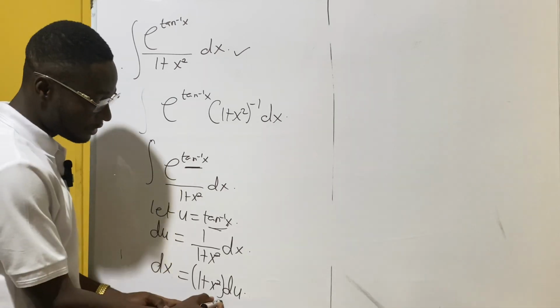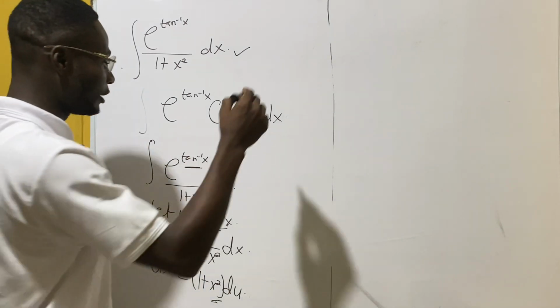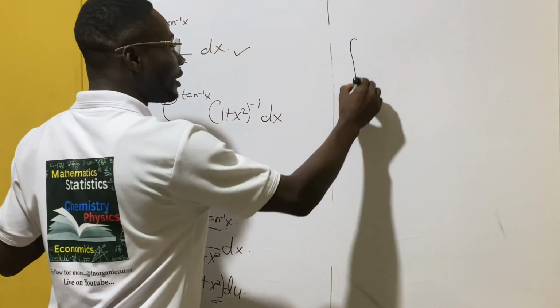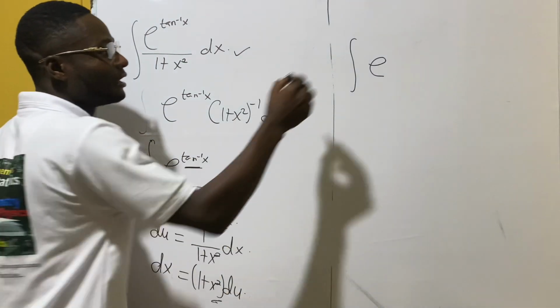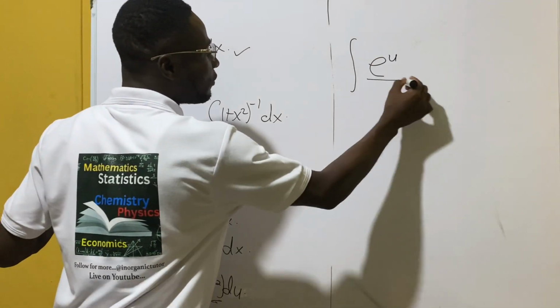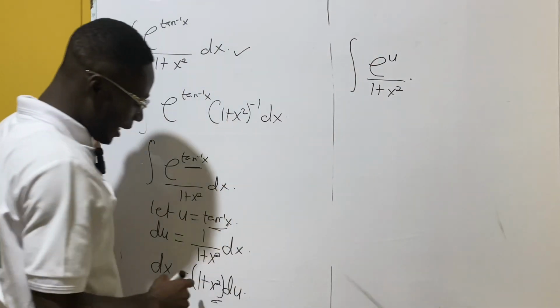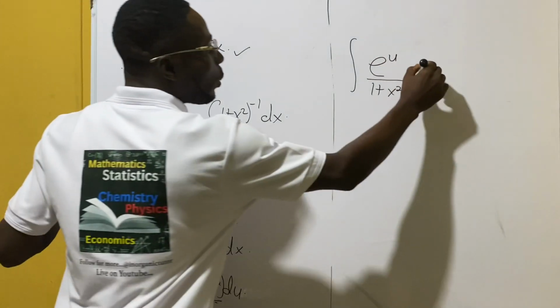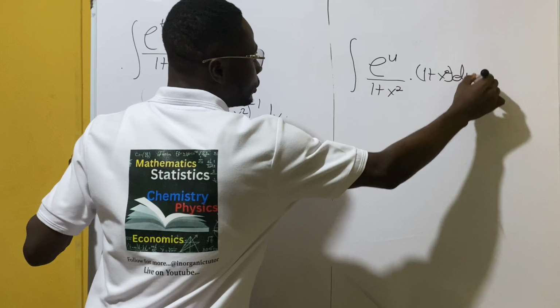So we have this information here. Let's do back substitution and see what we're going to have. So we have the integral of e power tan inverse of x, which is u, all over 1 plus x squared, times our dx, which is 1 plus x squared du.